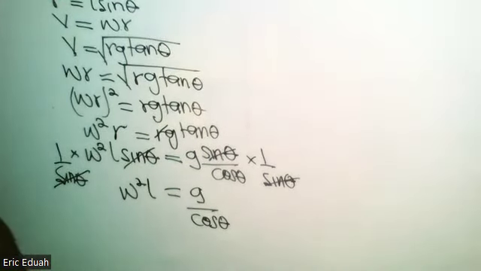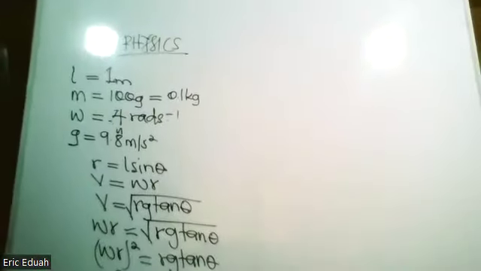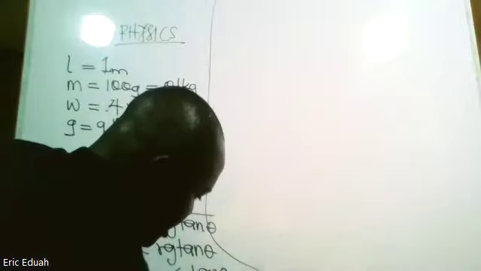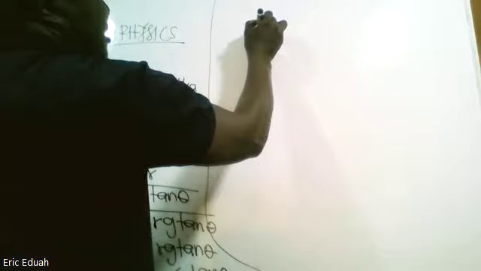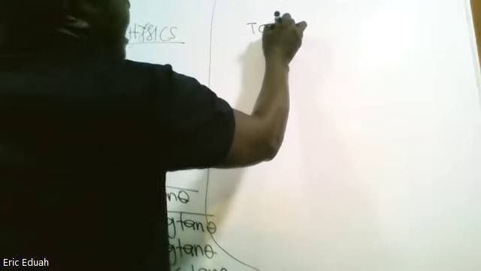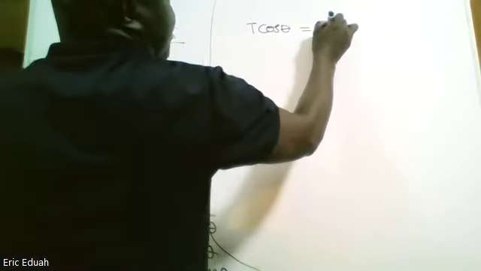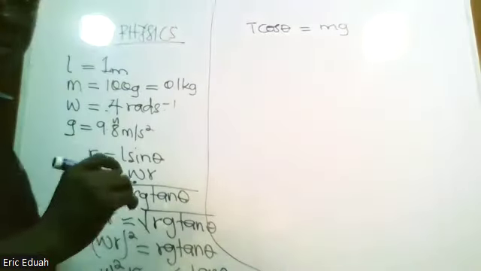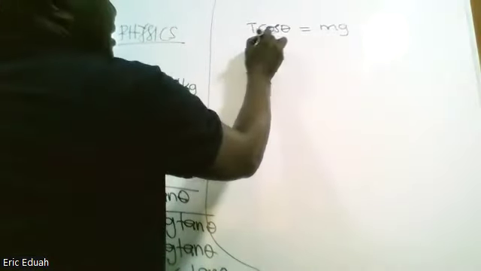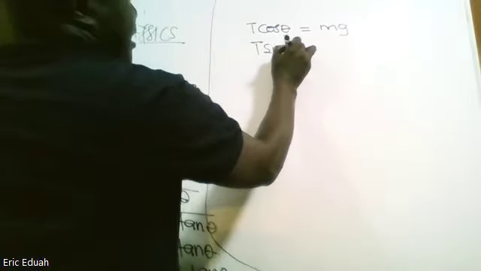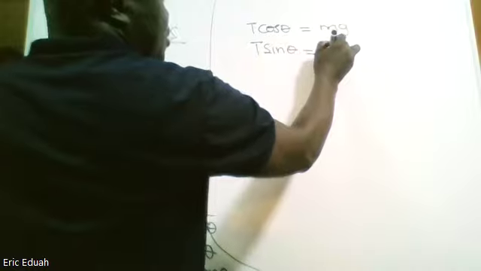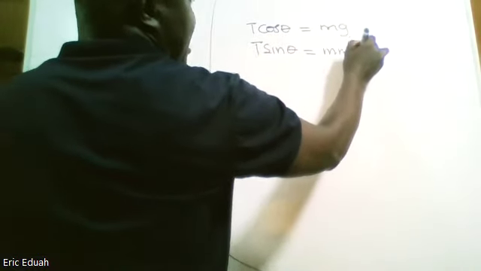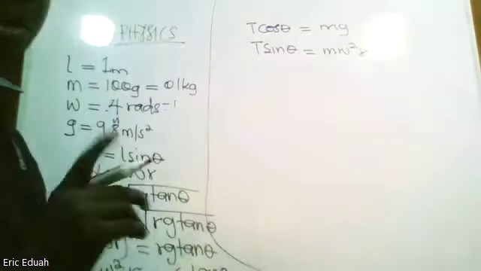Another way to do the same thing is this. T cos theta is equal to mg. T sine theta is equal to, instead of mv squared, I'll use m omega squared r, because I have omega.